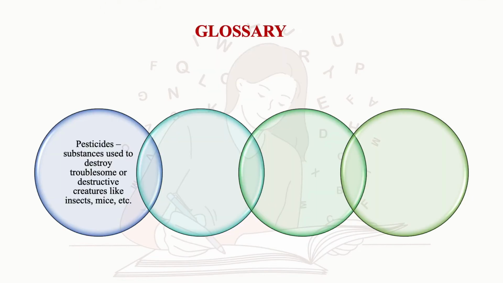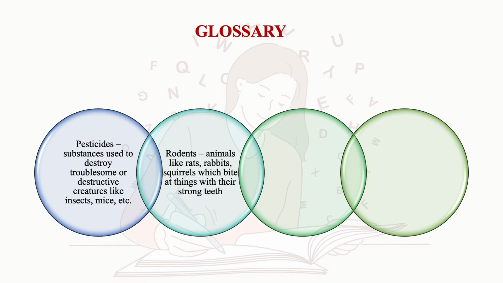It means substances used to destroy troublesome or destructive creatures like insects, mice, etc. Rodents, animals like rats, rabbits, squirrels, which bite at things with their strong teeth, are called rodents.